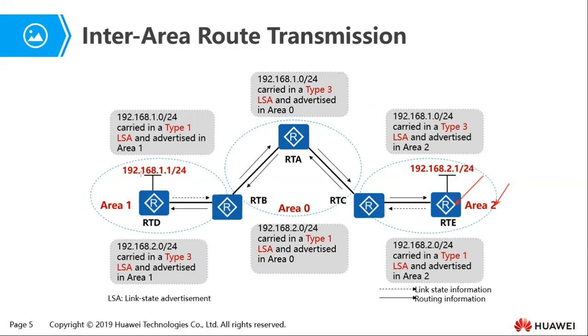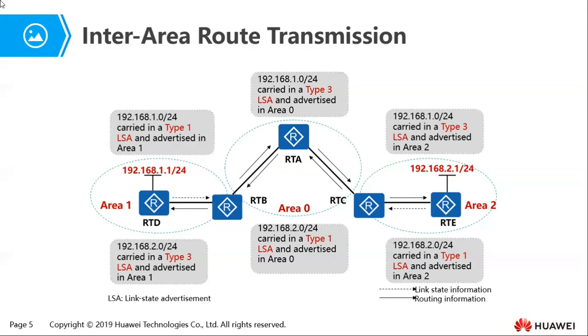If RTE wants to send a packet to this network, it knows that it needs to send it to the ABR that advertised that network, because the ABR advertised that network to this guy. So the ABR is going to be the next hop. So generally, that is how inter-area routes are calculated.